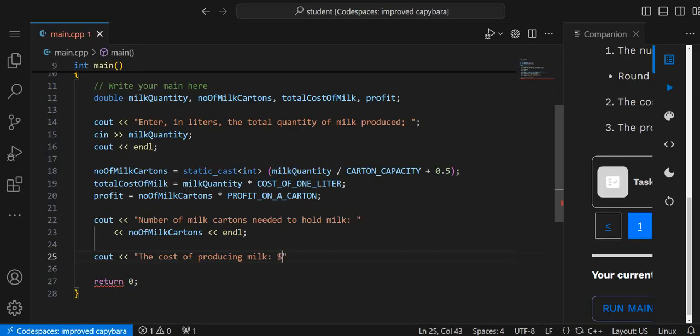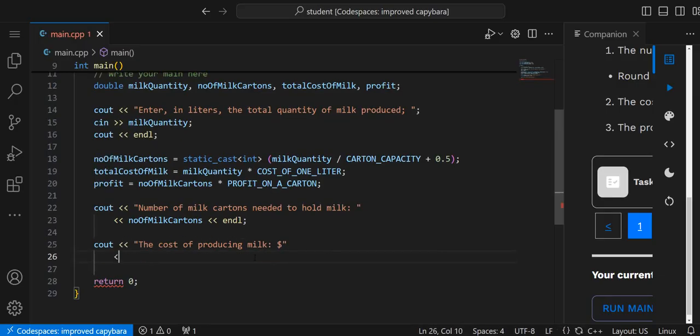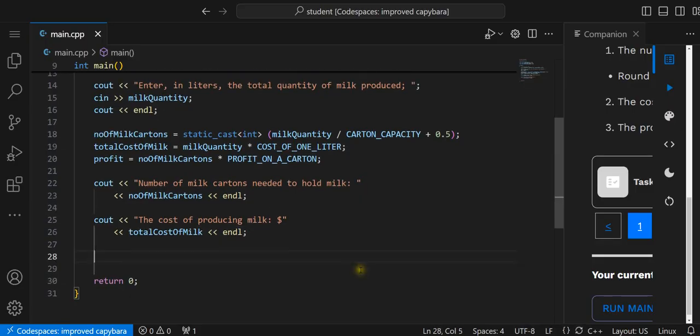And then we'll keep that one going with total cost of milk. And then the line. And let's see. Last thing we'll do is our profit.